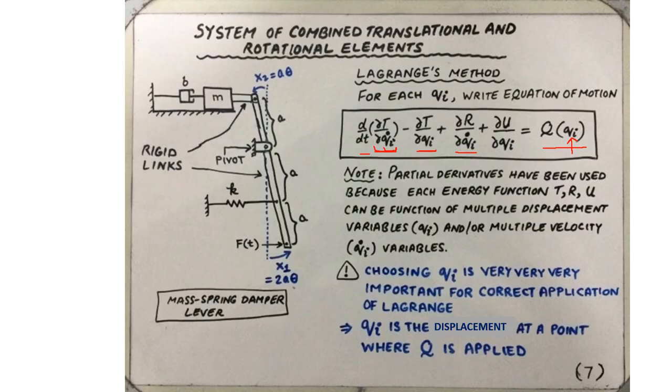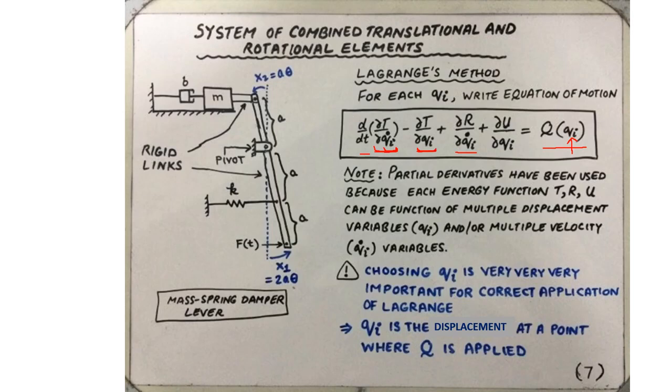Now this is just qi as the displacement. It is different from qi dot, which was actually the velocity. So partial derivative of kinetic energy with respect to the velocity qi dot needs to be computed, as well as the partial derivative of kinetic energy with respect to the displacement variable qi.